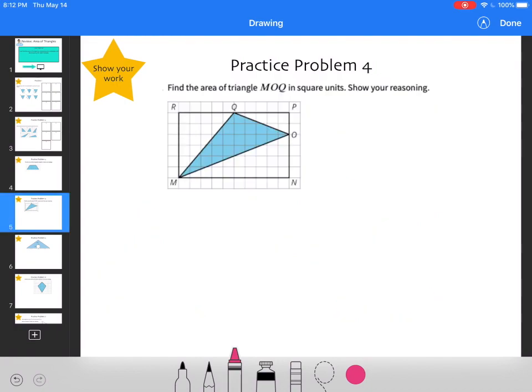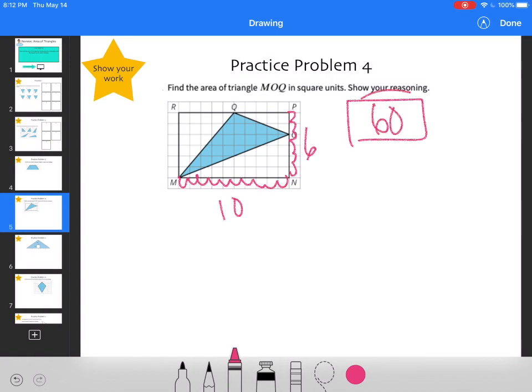For this question, you have a triangle, but the base and the height don't make a right angle going straight along the boxes. So I'm going to have to find the area of the larger box and then subtract out the triangles. So this is 1, 2, 3, 4, 5, 6, 7, 8, 9, 10 by 1, 2, 3, 4, 5, 6. So the large rectangle is 10 by 6.